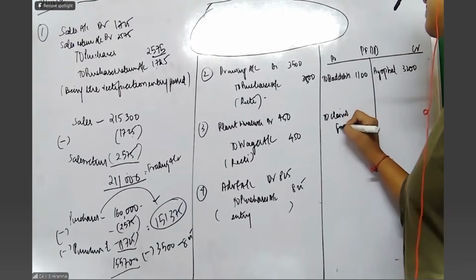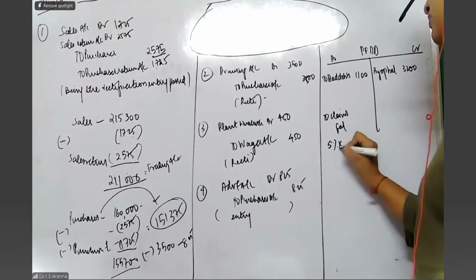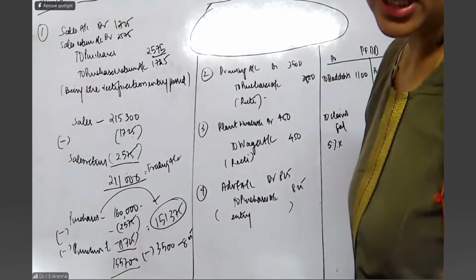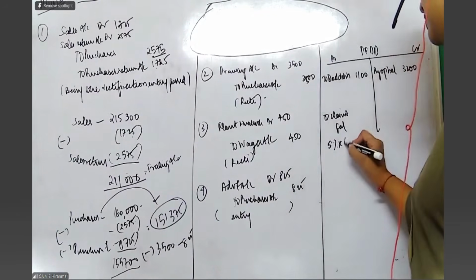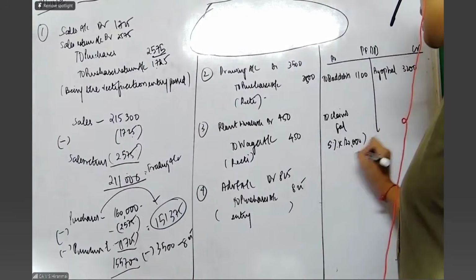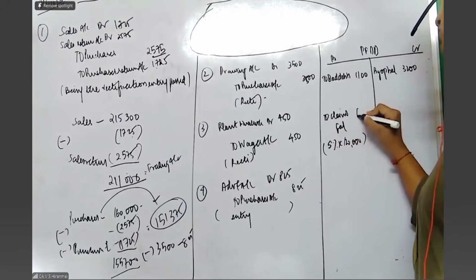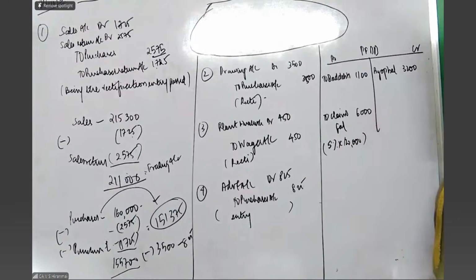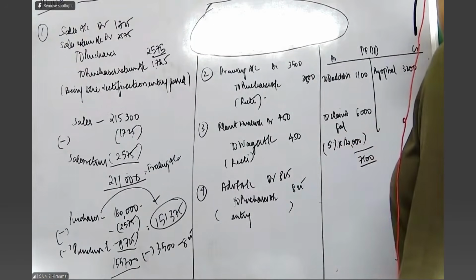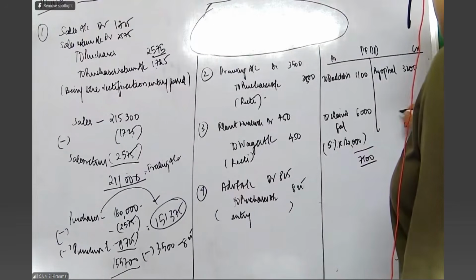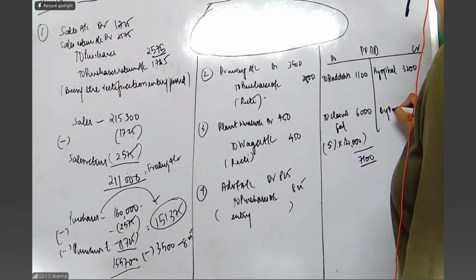Now the closing balance is 5% of the debtors. How much are the debtors, my dear students? The debtors are 1,20,000. So this is 6,000 rupees, correct? So now balance the account, 7,100, 7,100. And here it will be how much? By P&L account.